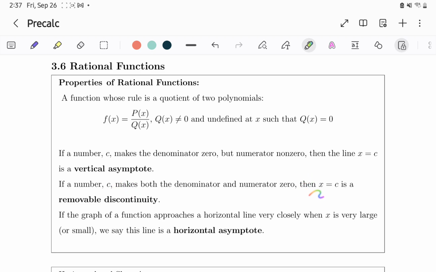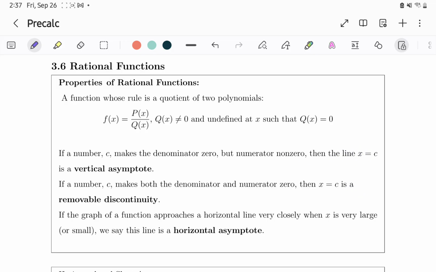But instead of a vertical asymptote, we are going to have a removable discontinuity at x equals c. I don't really like how I worded this here, but it should say, then we have a removable discontinuity at x equals c.